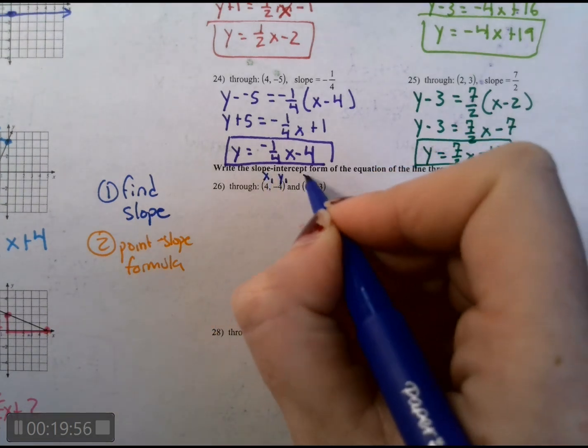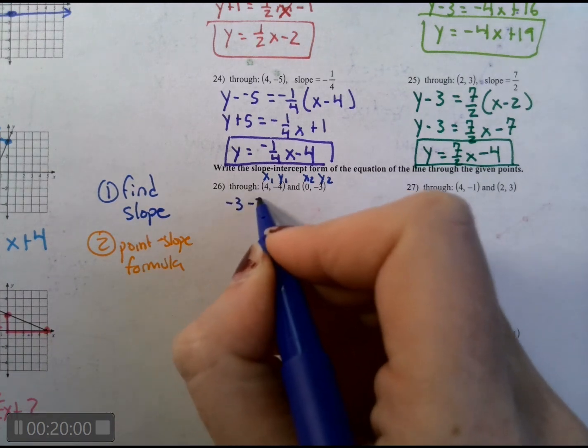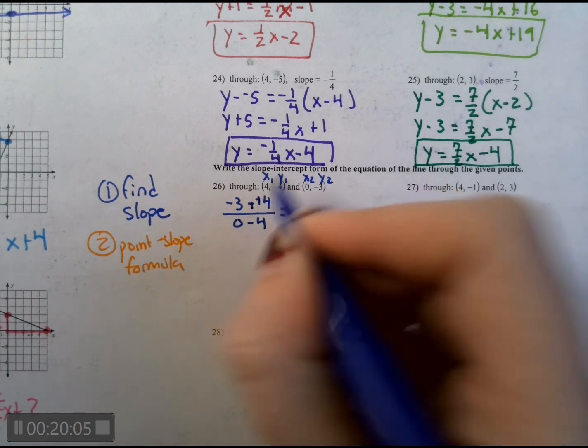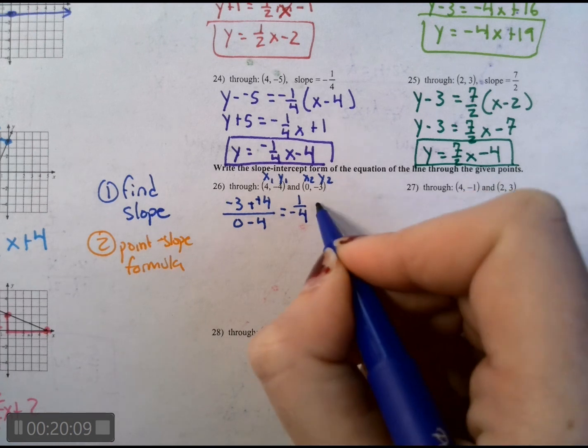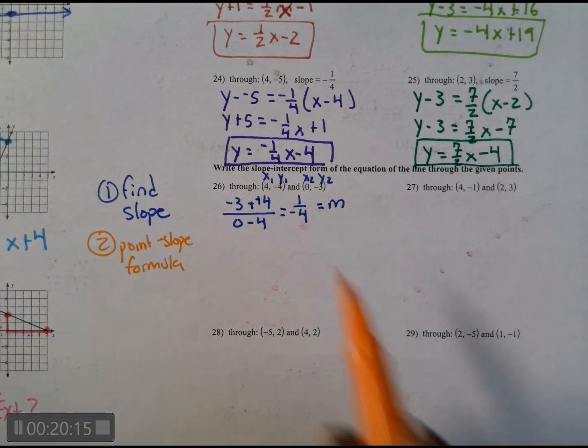So x1, y1, x2, y2. So -3 minus -4 over 0 minus 4, positive, positive. So we would get 1 over -4. So this is your m. This is your slope. Okay? So next, we have our x1 and our y1 and our slope.